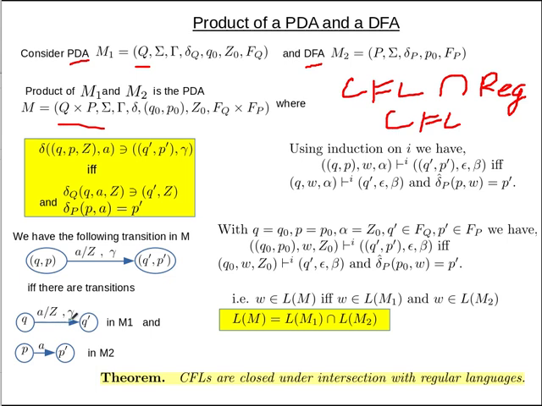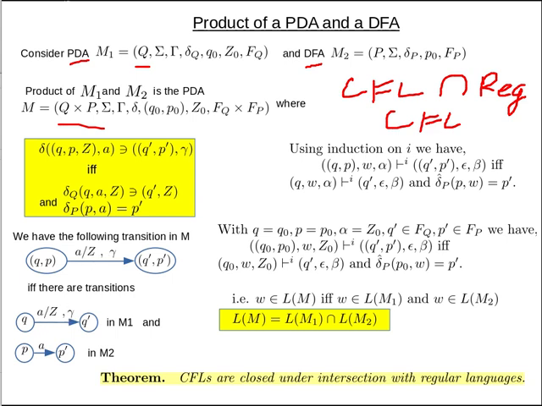So the moves of both the PDA and M2, these two moves on the same symbol, are simulated by this single transition here, where the change of state is from QP to Q prime P prime, and the action on the stack is also the same. Here we had one stack, and here also we have one stack, and the stacks are operated in the same way.